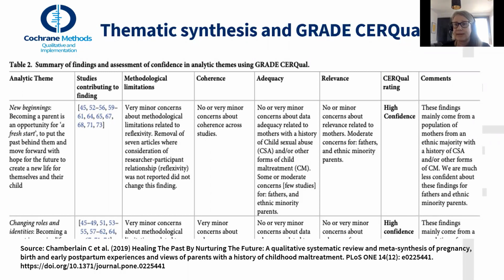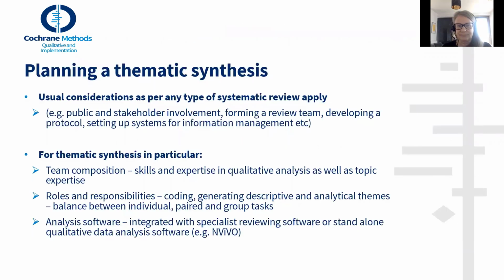The reviewers highlight there that the finding comes mainly from a population of mothers from an ethnic majority. So they're less confident about whether these findings would apply to fathers and ethnic minority parents. So you can see there that this is an attempt to make it really explicit in terms of confidence in the review findings and the various problems that the reviewers have suggested, or points of caution to note in terms of transferring the findings. Next slide, please.